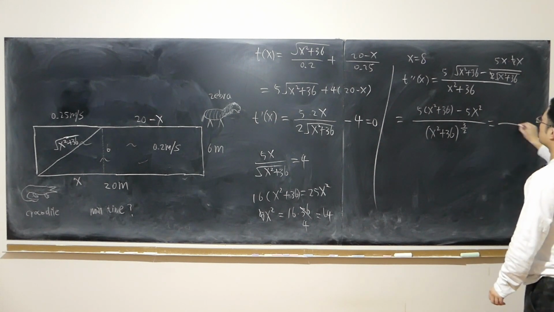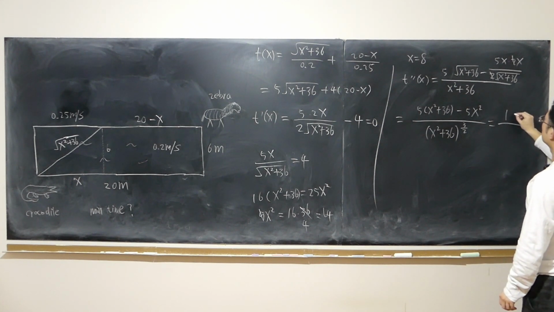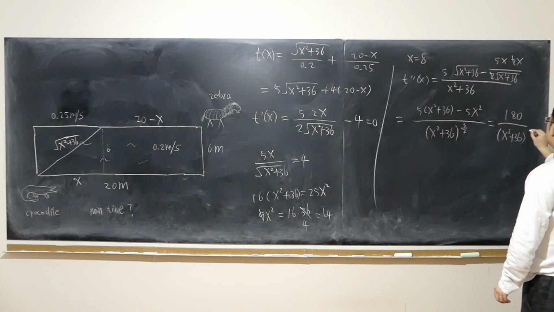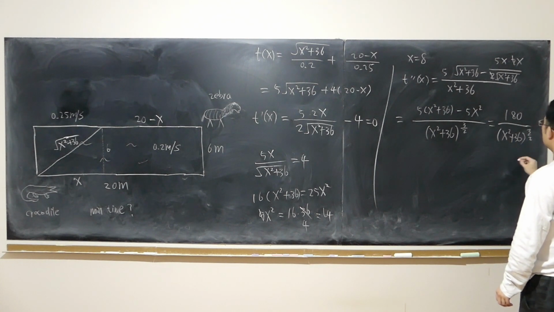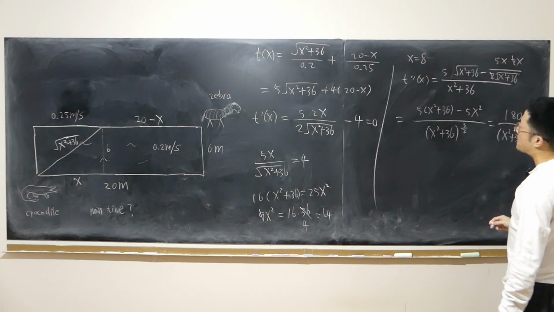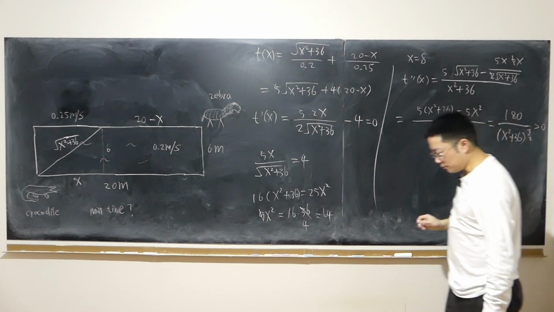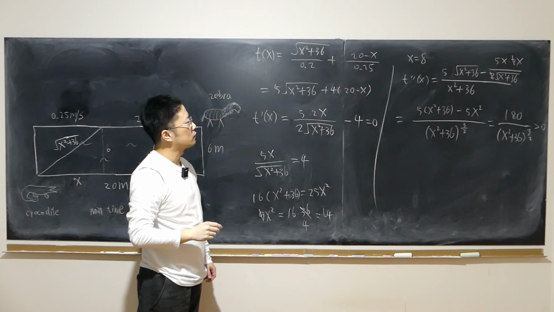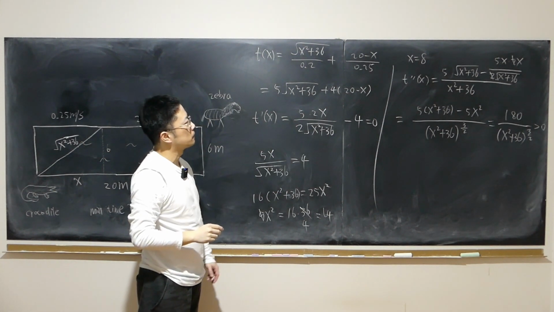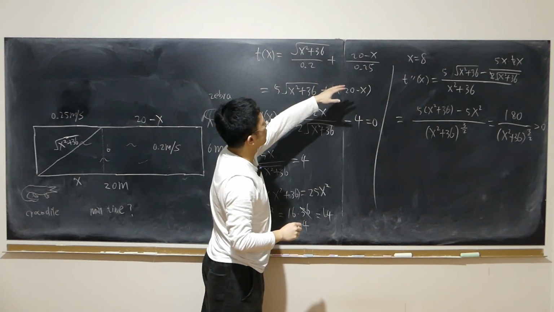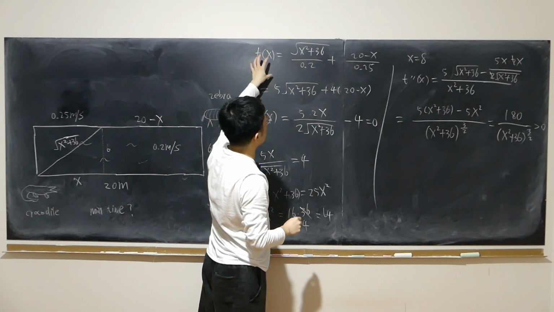That is equal to 180 over x squared plus 36 to the power of 3 over 2. So no matter what happens, this is always going to be positive. So that means really it reaches a minimum. Second order derivative always positive. So really the minimum happens when x equals 8. That's the minimum of time taken.